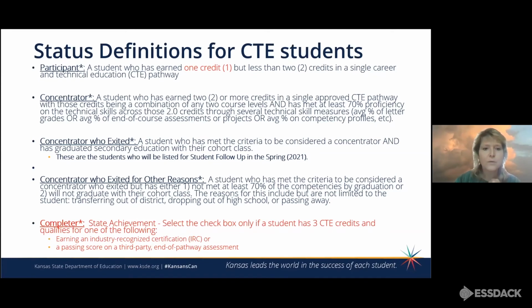We do not report that to the federal government, so it is not going to be one of your status definitions that you have to pick from. It is just a checkbox for information, okay? And anybody you assign this year as a concentrator who exited is going to show up next year as a student that needs follow-up data added for them, okay? All right, that's a lot.